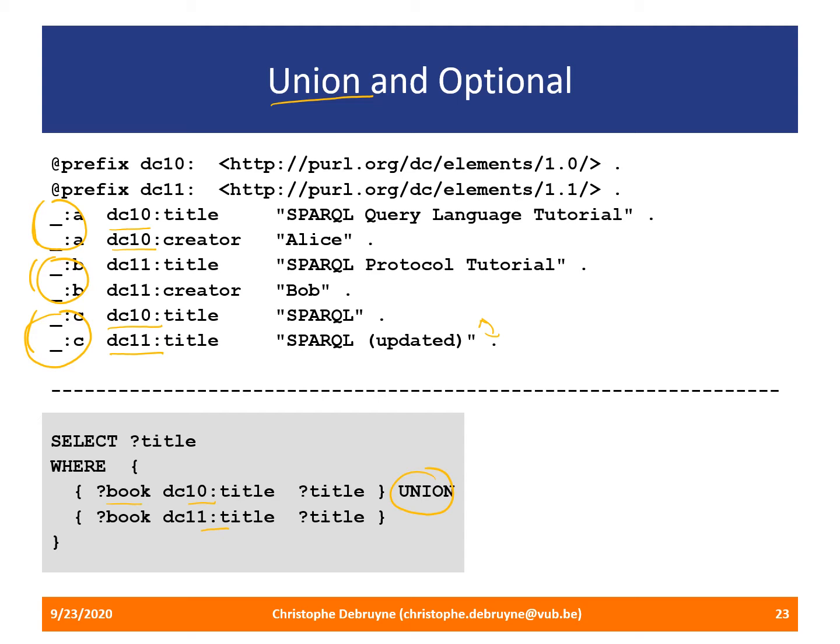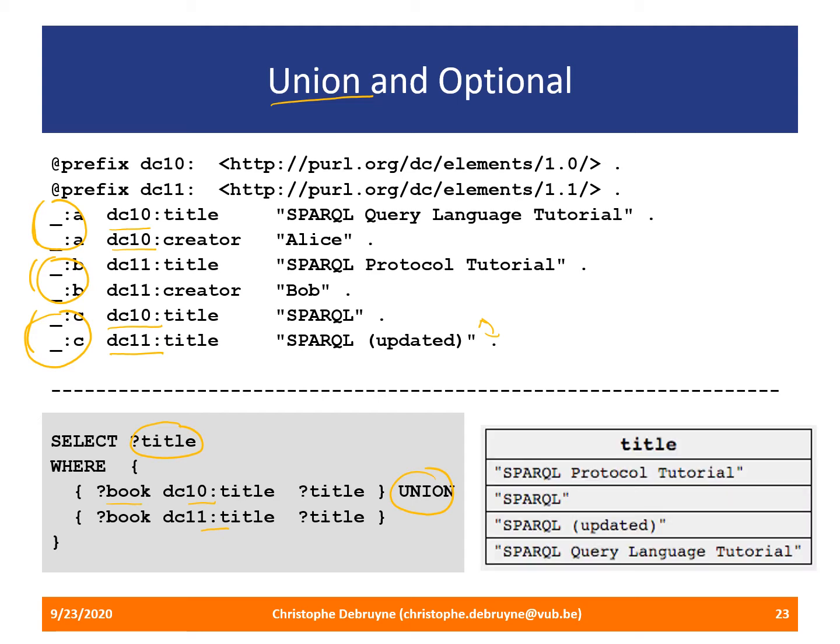And of the combined solution, we will only retain the title. So if we were to fire that, we would see that the title contains 4 values. There are 4 values, 4 solutions, and 4 values for the variable title. We have SPARQL protocol tutorial, we have SPARQL, we have SPARQL updated, and then we have the SPARQL query language tutorial above.